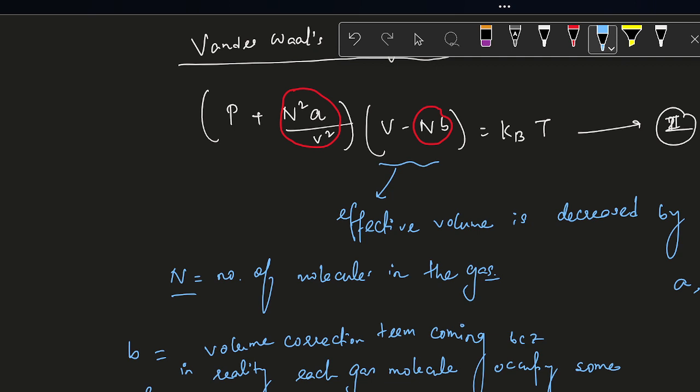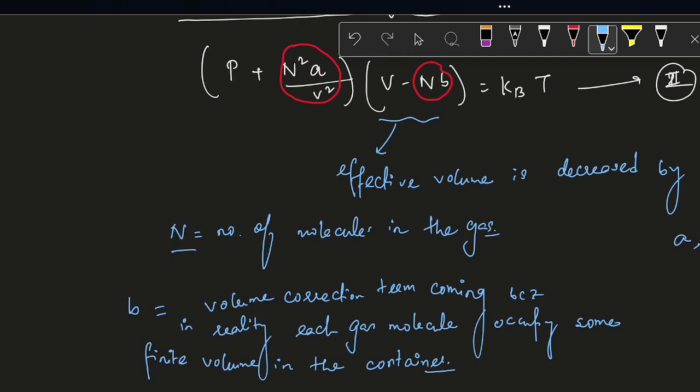If there are N molecules, then the total volume occupied by the N molecules will be N times b. It is a significant amount of finite volume coming from the occupancy of the molecules in the container, so the total volume V of the container is not fully available. Previously there was this whole container of volume V, and the gas molecules could exist randomly anywhere inside it.